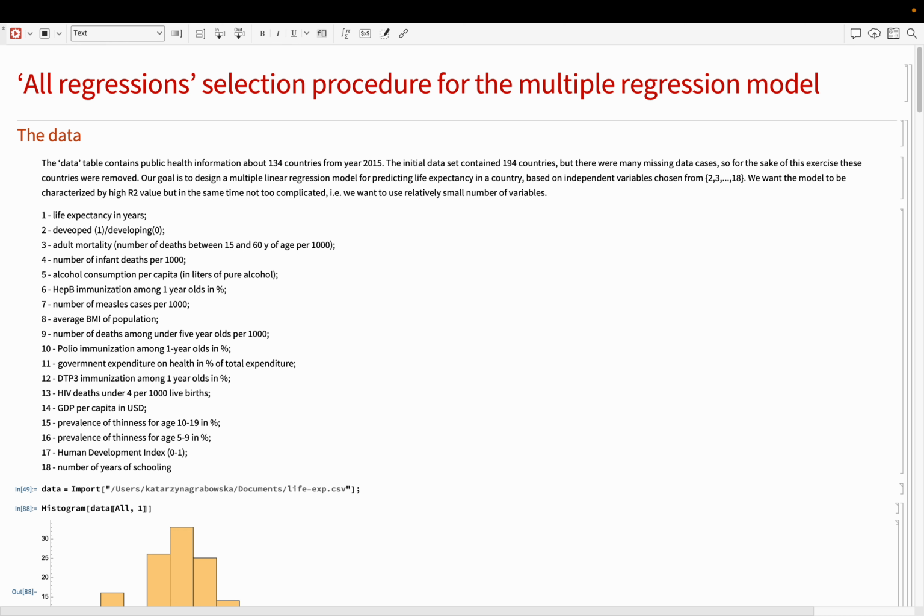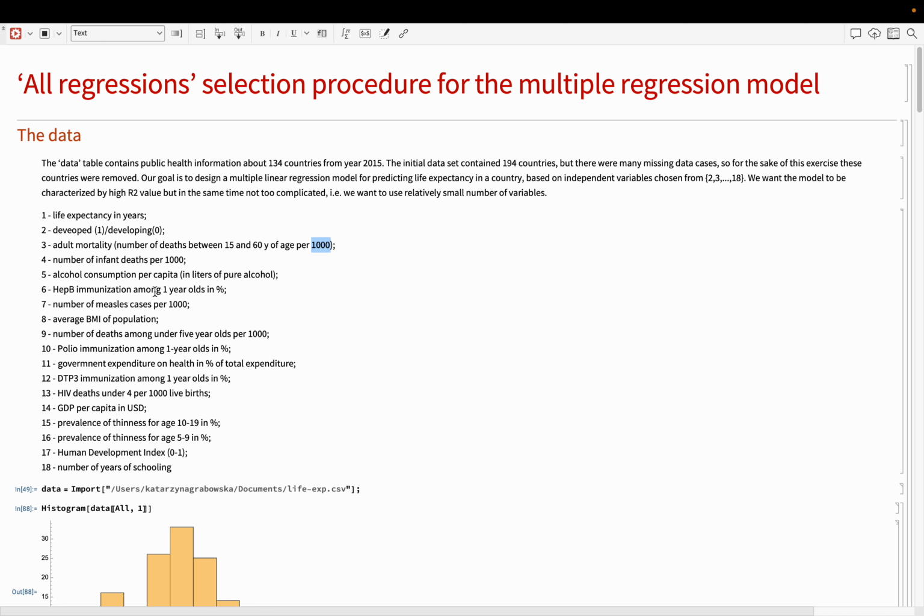This variable says how many deaths in people between 15 and 60 years old occur during 1 year in a country per 1,000 people of the population.